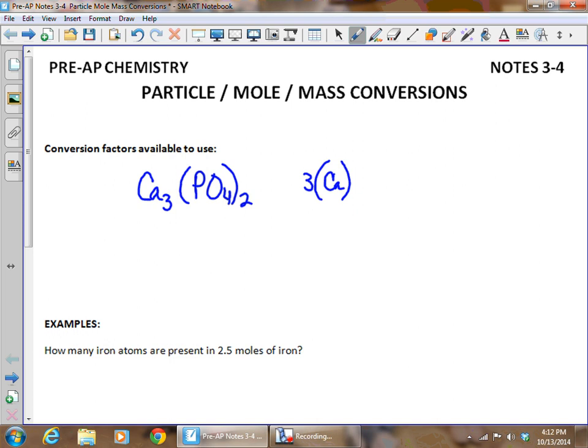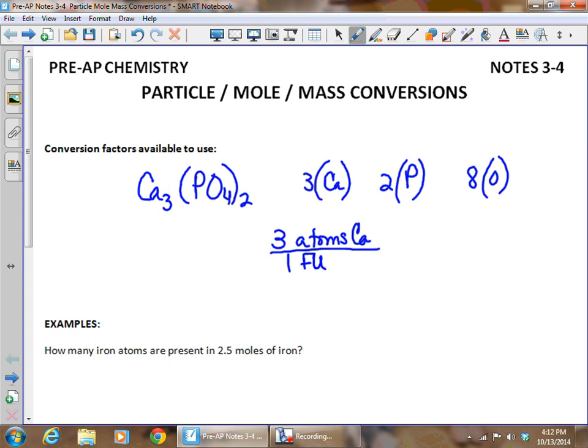We've looked at other problems like this and seen that there were 2 phosphoruses here and 8 oxygens. Well, what kind of conversion factors can we make out of that? Well, we can make a conversion factor that says that there are 3 atoms of calcium for every 1 formula unit of calcium phosphate.